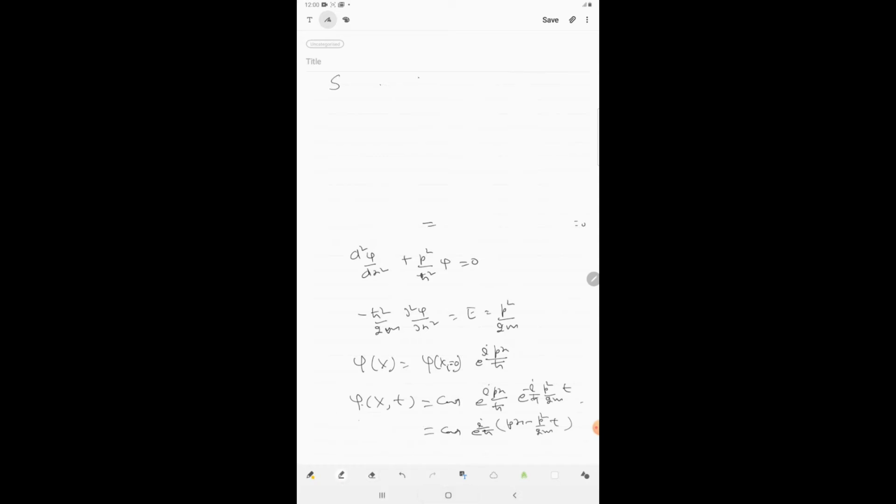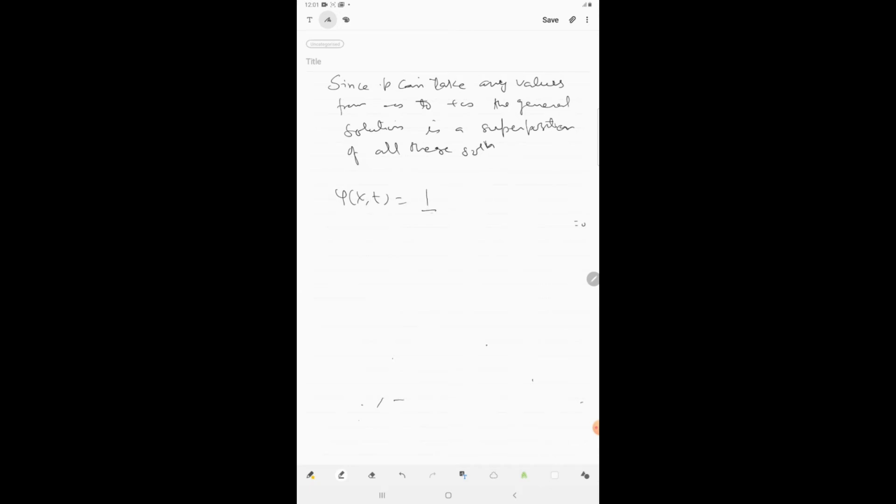Since p can take any values from minus infinity to plus infinity, the general solution is a superposition of all these solutions, which is 1 upon root 2πħ integral from minus infinity to infinity.